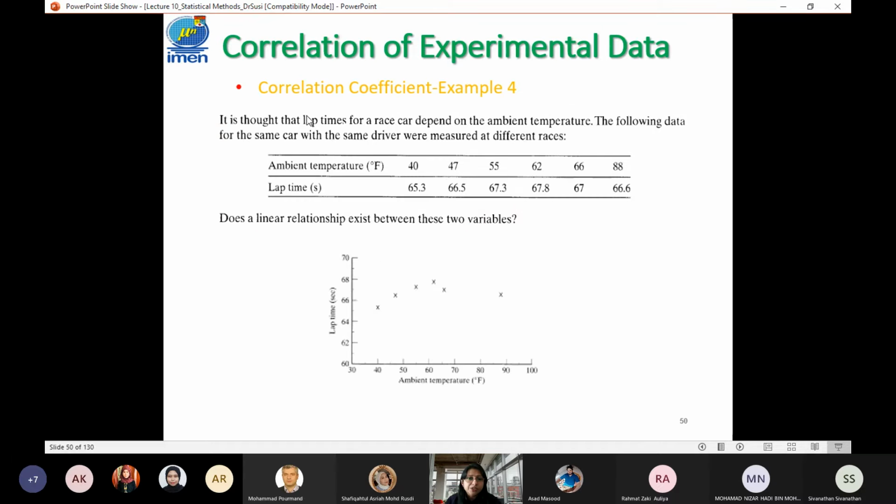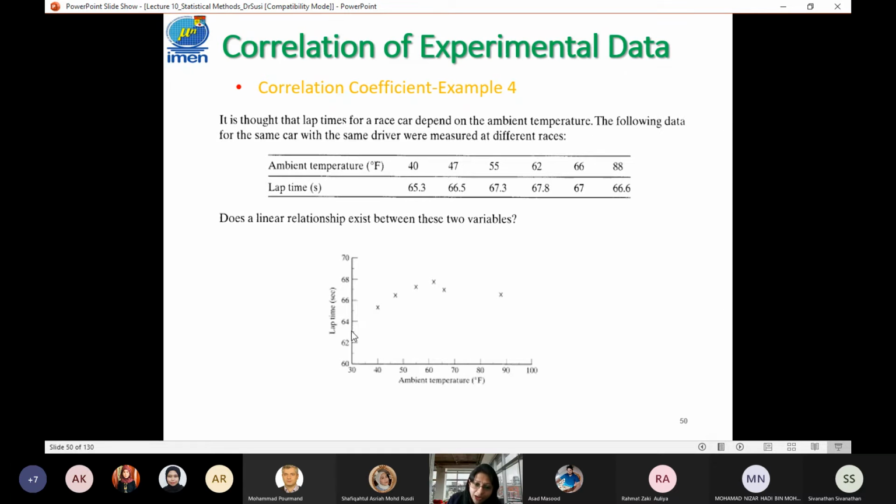This is an example, example 4: lap time for a race car depending on the ambient temperature. How many have been to Sepang, the race car circuit? Nobody interested in racing? We only have motorbikes. Anyway, we have a race car and they looked at the ambient temperature.